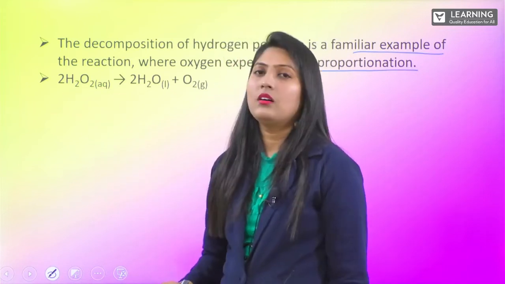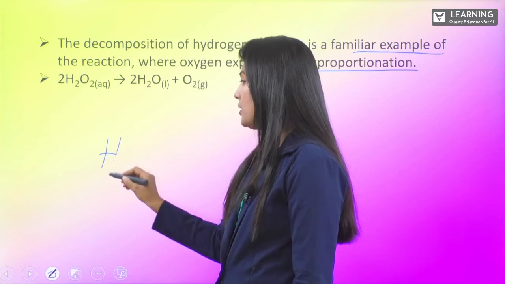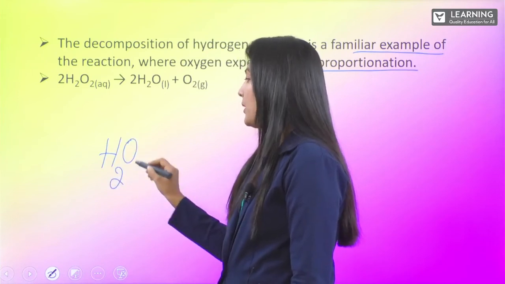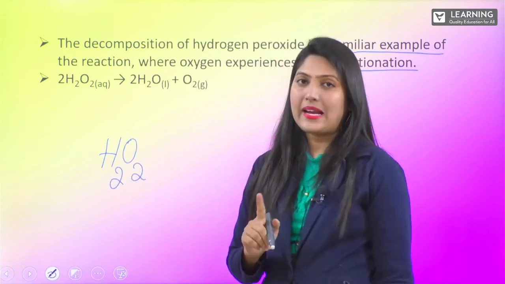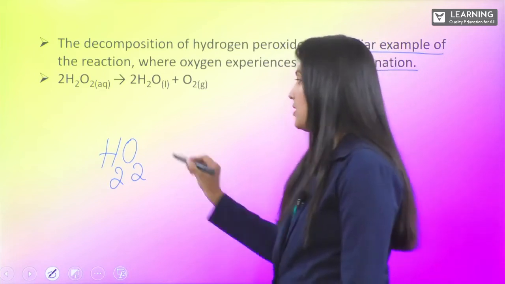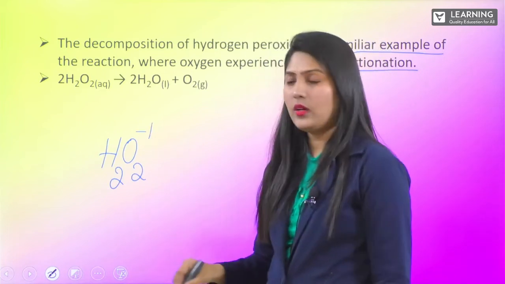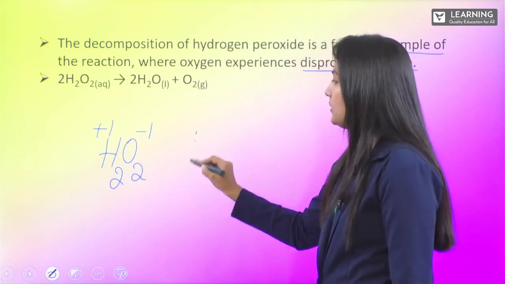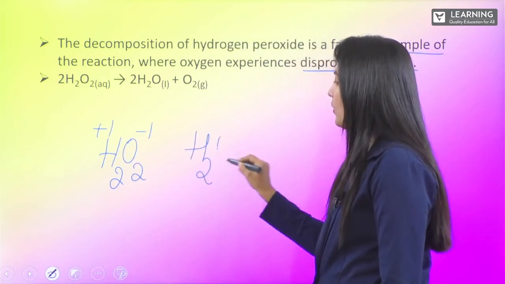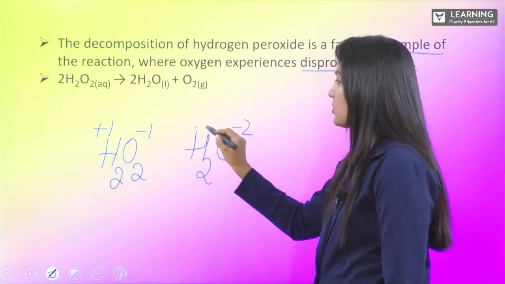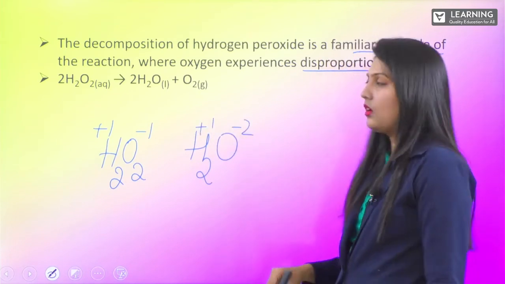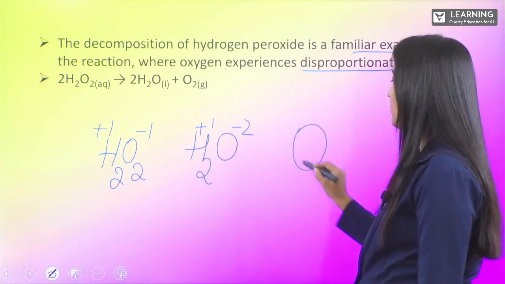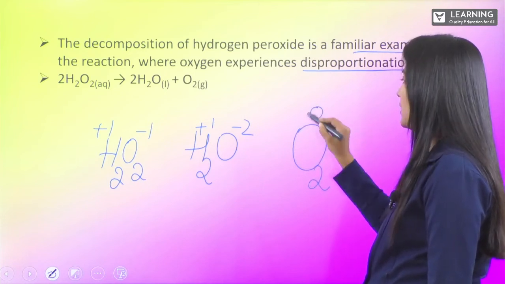What is hydrogen peroxide? As I said, peroxide will always have -1 charge for oxygen. So here oxygen will have -1, hydrogen will have +1. Whereas in water, we have -2 for oxygen and hydrogen has +1. And oxygen in the elementary form will have 0.